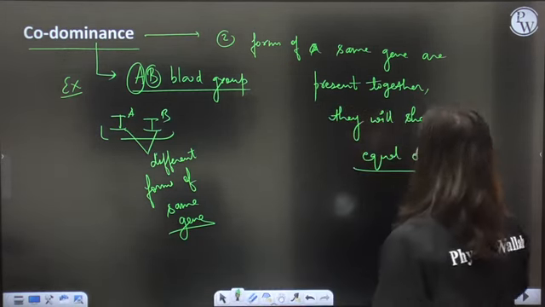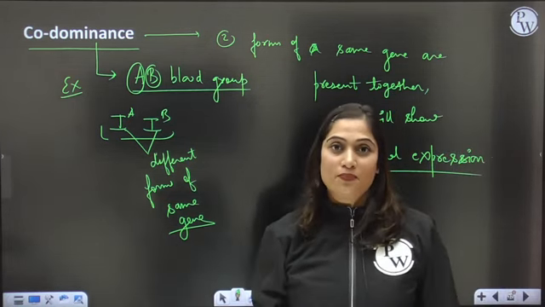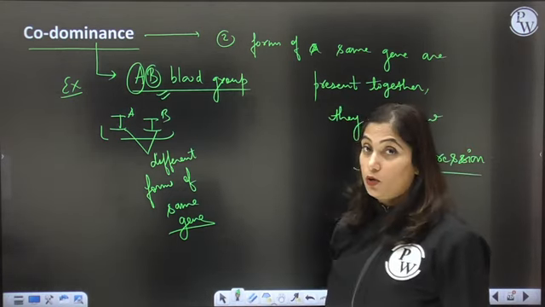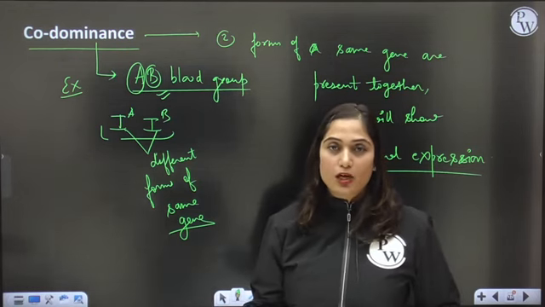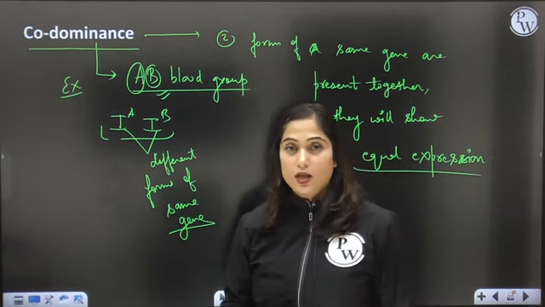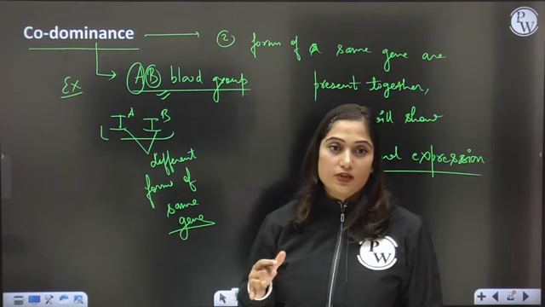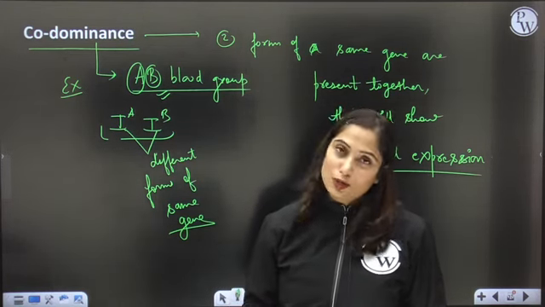That is why we call it codominance. The best example of codominance is AB blood group in the ABO blood group system. Another example is MN blood group, which is another type of blood group system. Also roan color, like you can see in some of the cows, there are white patches and black patches. That is also an example of codominance.